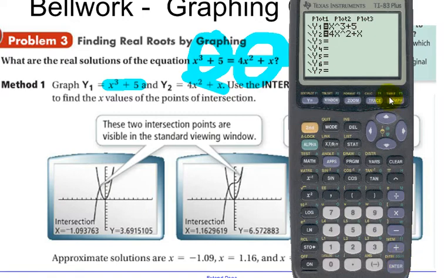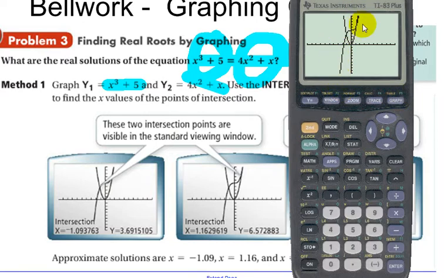And I'm going to hit my graph button on the very right hand side. Now we're going to look first at what happens. So we got the cubic graph, and then we got the quadratic graph, the parabola. If you did it y1, y2 like we did it, that should be the order it graphed in.